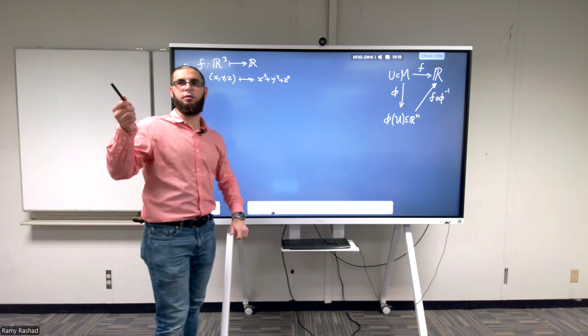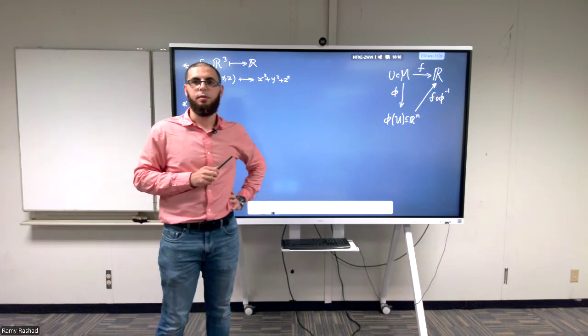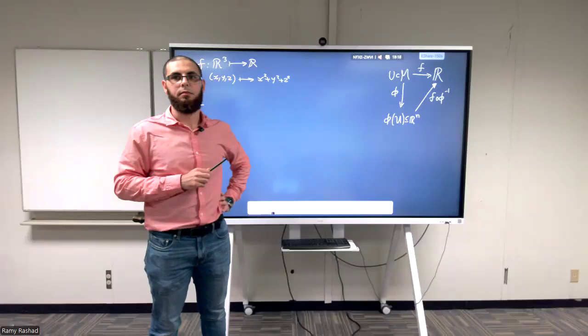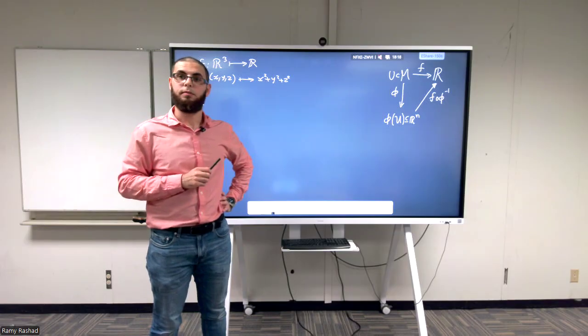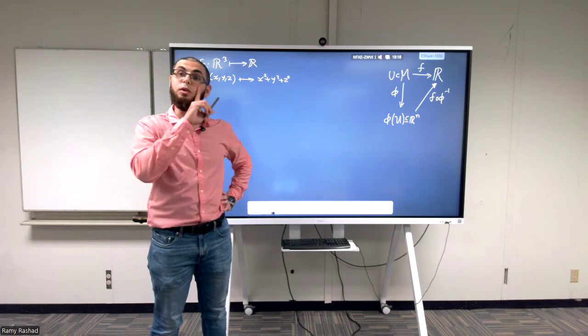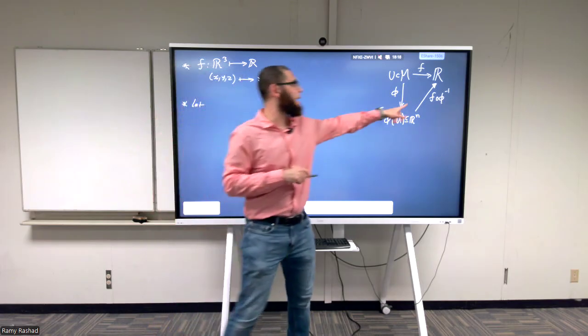Question: so f after phi inverse. Yes. It won't be given in terms of f at all. It's a different map expression that just maps from Rn to R. It includes f, f is inside of it.